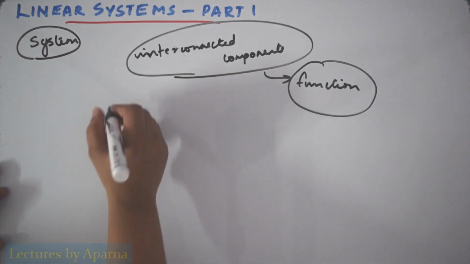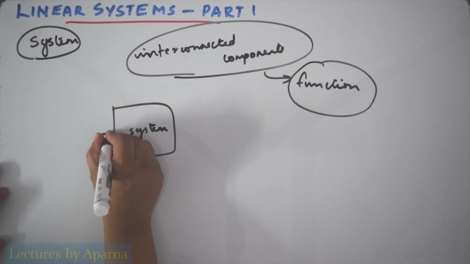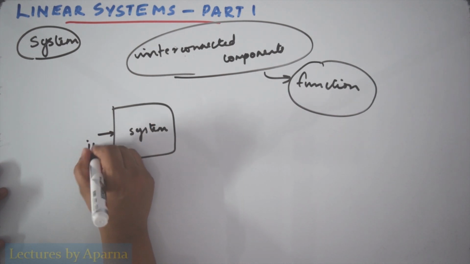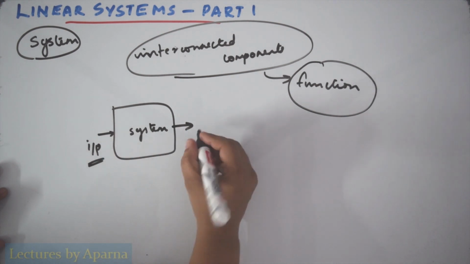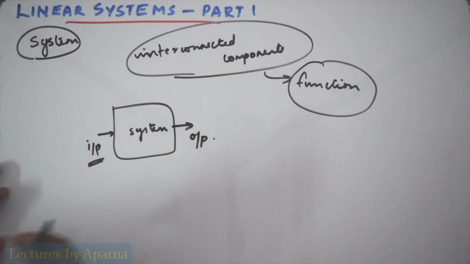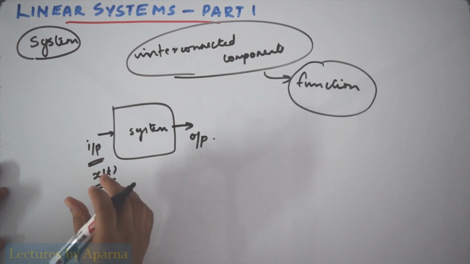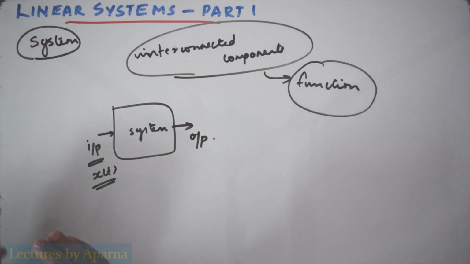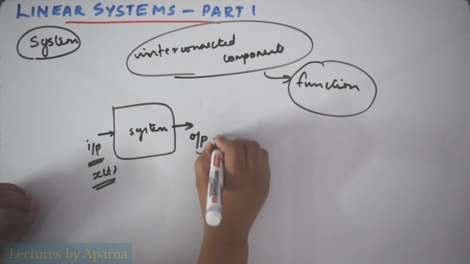Suppose this is a system. It will have an input, and corresponding to this input it will produce an output or response. If the input is x of t, once it passes through the system it will produce a particular output.